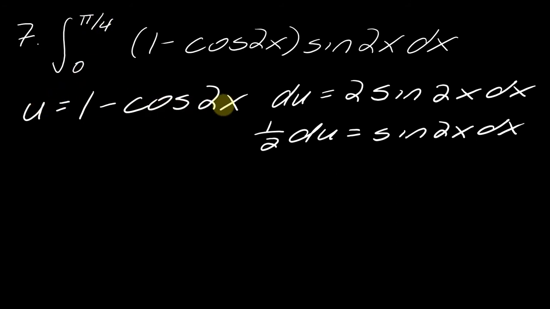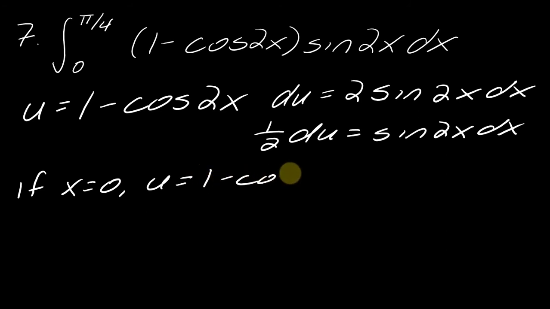So the way I do that is I use this u and say, okay, if x equals 0, then if I plug that into my u, this will be 1 minus cosine of just 0. So this will just end up being 1 minus 1. So this whole thing will just equal 0. So no change in the value.